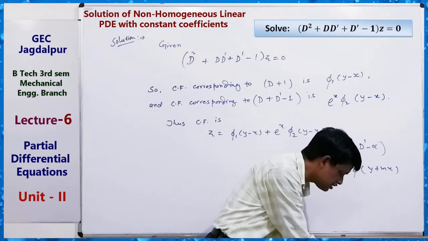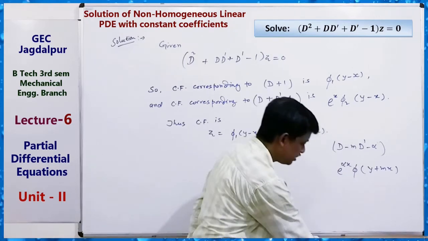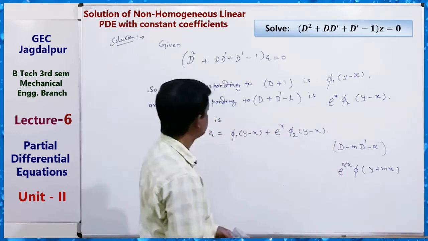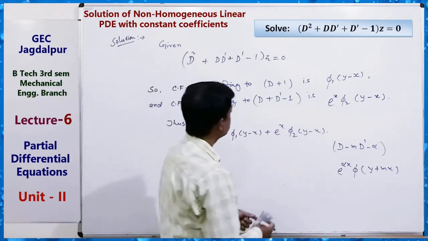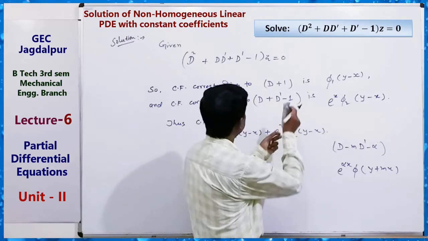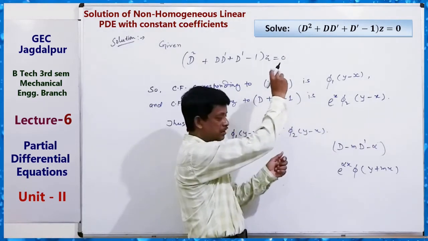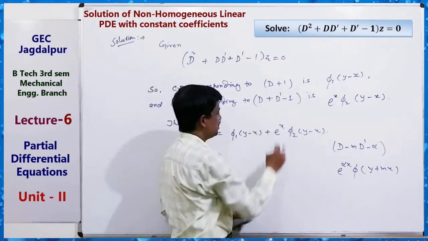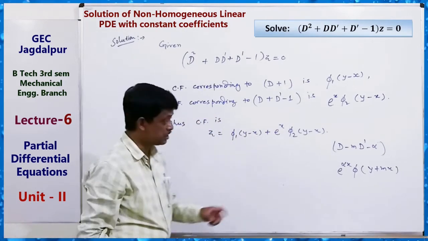E to the power x φ₂(y − x). And here D + 1 means use this fact.